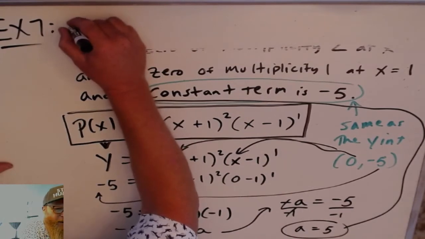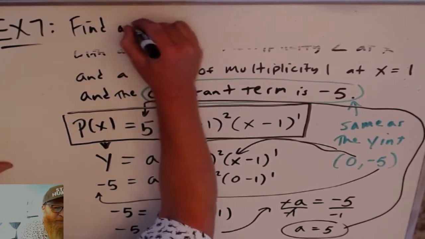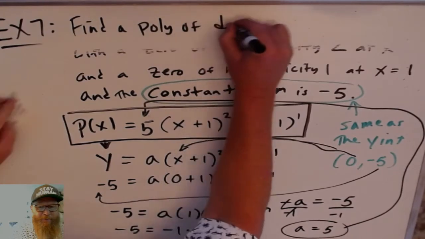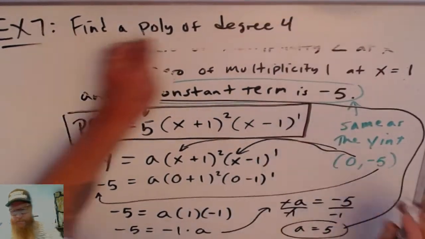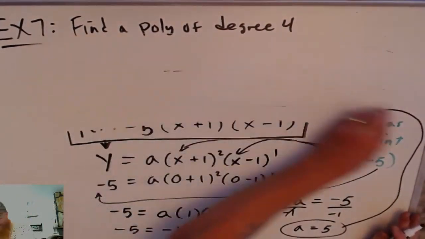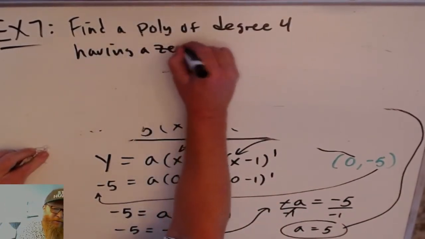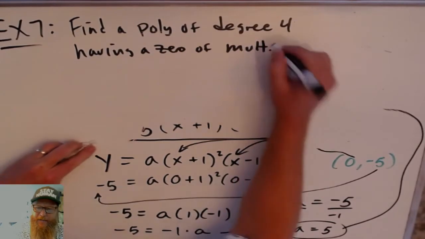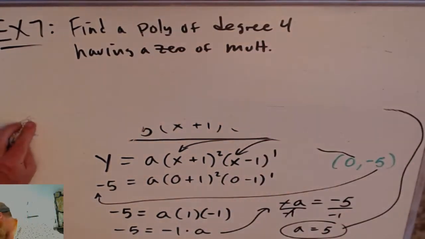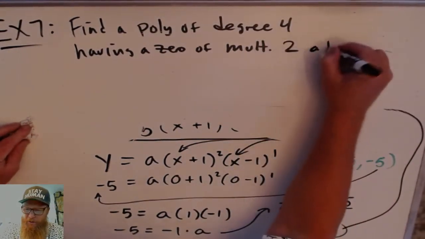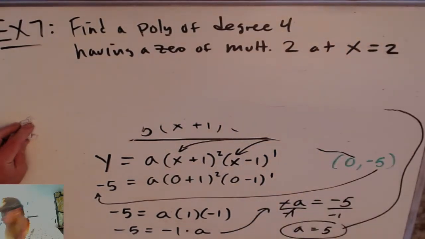So find a polynomial of degree 4 having a 0 of multiplicity, I'm getting tired of writing multiplicity, I'm going to write mult 2 at x equals 2.